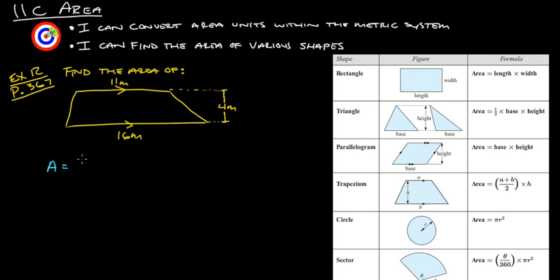In this case, we would get area equals 11 plus 16 divided by 2, and then multiply that by 4. So we get 27 over 2 times 4. Let's multiply that out.